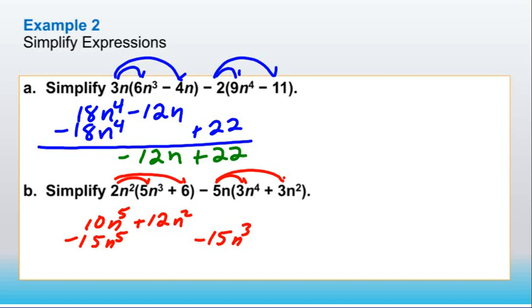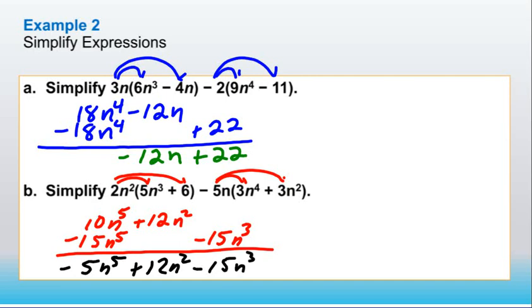Since I don't have any other n squares, if I add straight down, I have negative 5n to the fifth plus 12n squared minus 15n cubed. Now I'm going to put this in standard form, which would make that negative 5n to the fifth minus 15n cubed plus 12n squared.